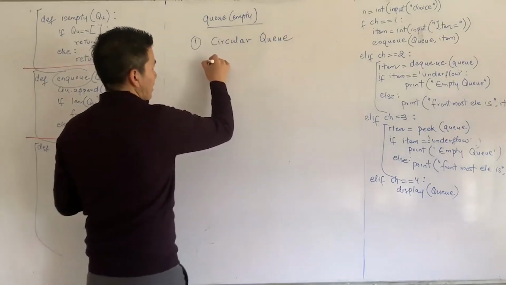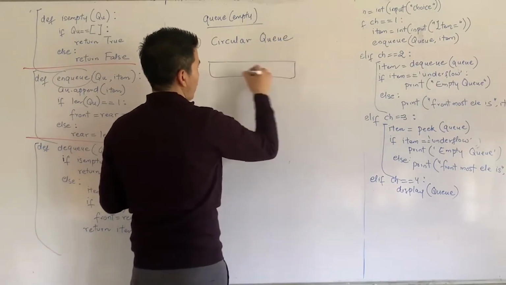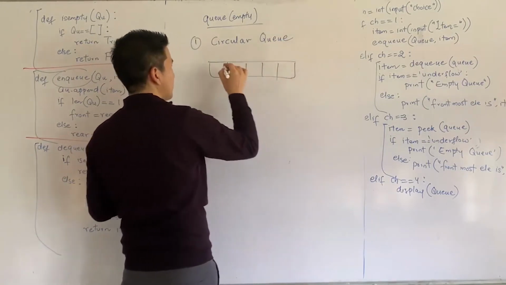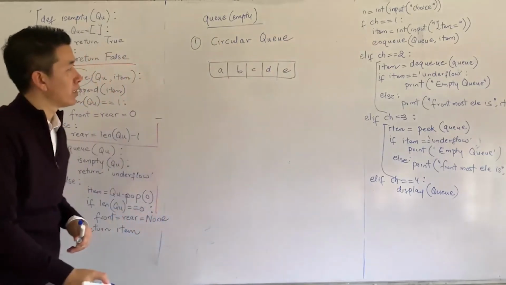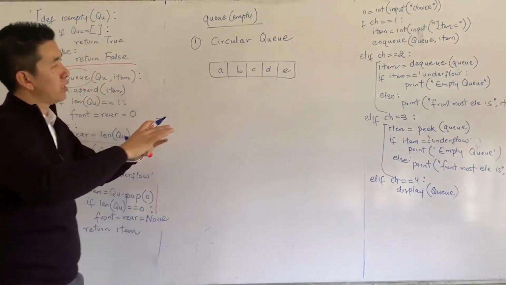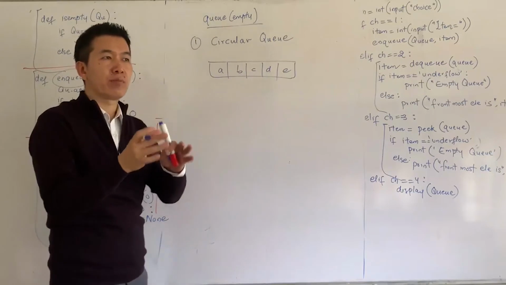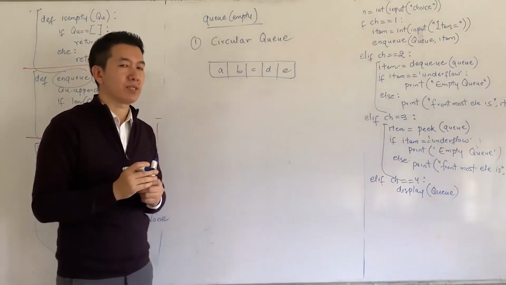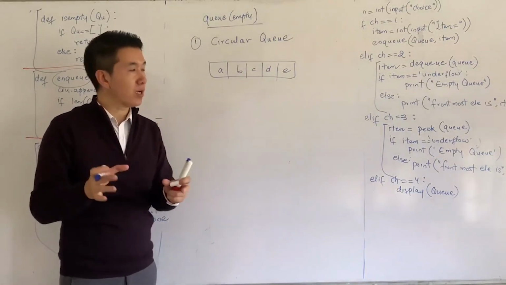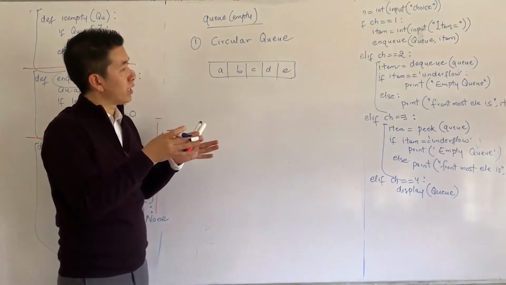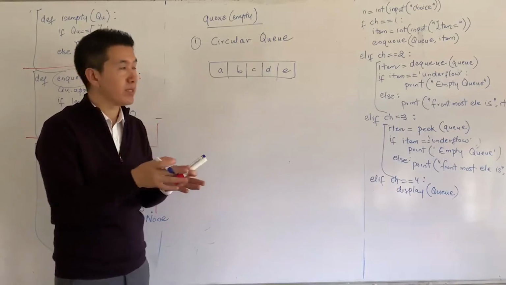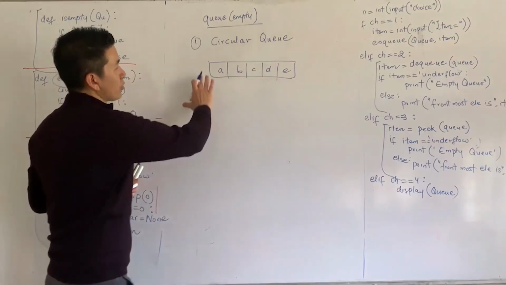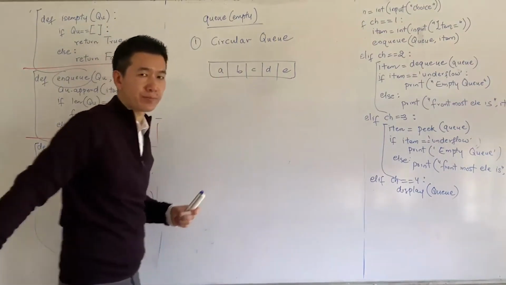Now, like I said earlier, what happens is, okay, let's say I have A, B, C, D, and E, right? Now, this is little to do with the programming languages like C and C++. It should not be a problem in the Python programming language, especially since we're using the list to implement the queue. Let's say you have a queue like this.